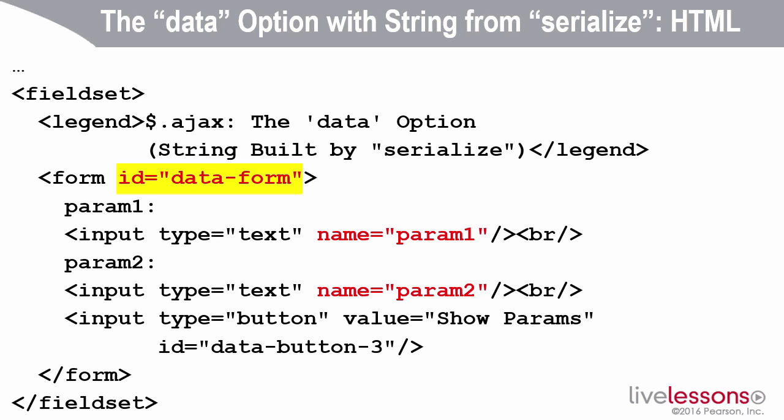How do browsers normally build strings in normal form submissions? We covered that when we looked at HTML. They use the name properties, not the ID, the name properties of the input elements. So your input elements now have to have name properties. So it's not quite as separated as cleanly as before, but it's so much simpler that it's well worth that small downside.